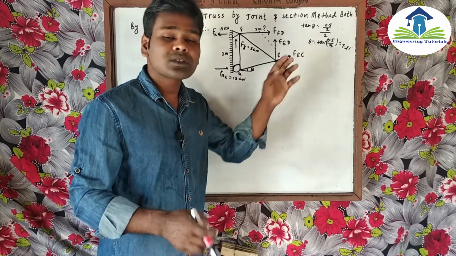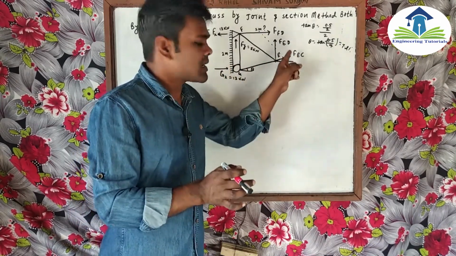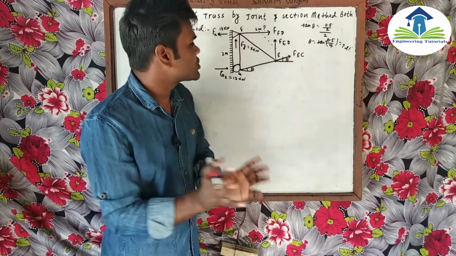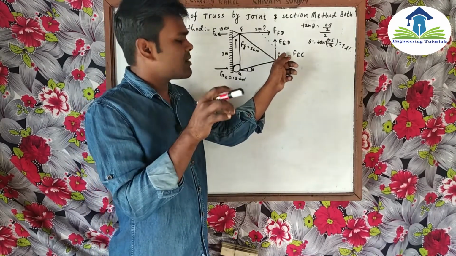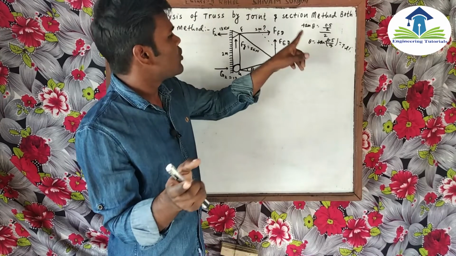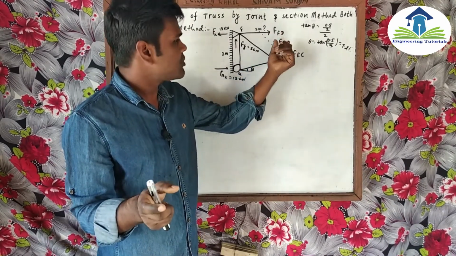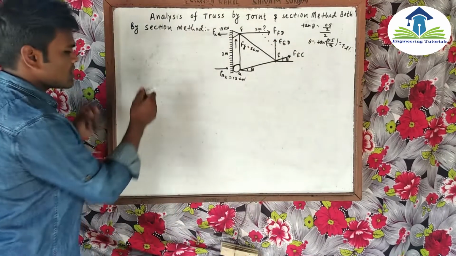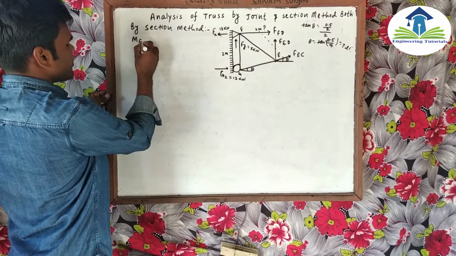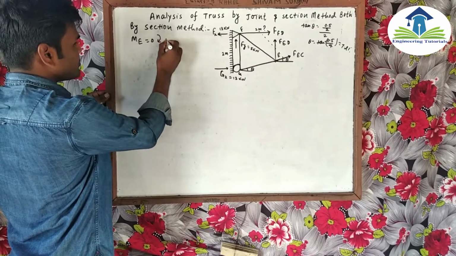These forces cannot give a bending moment at point E because there is no distance. So if we calculate the total bending moment at point E, then we can find the value of force FD.